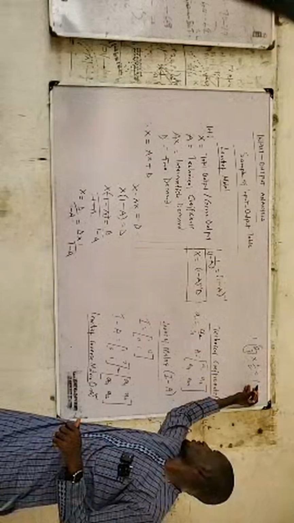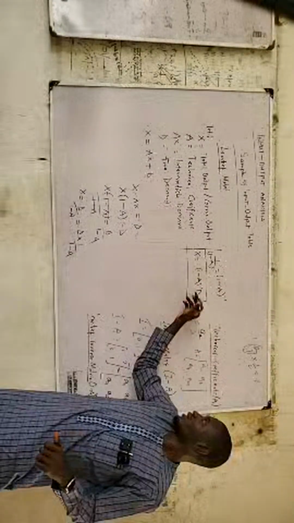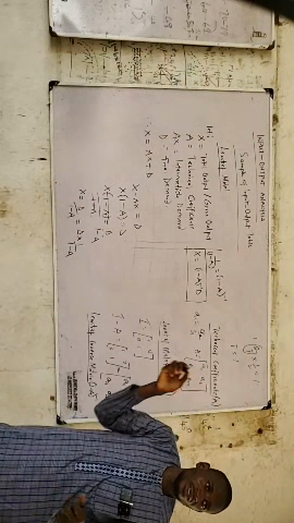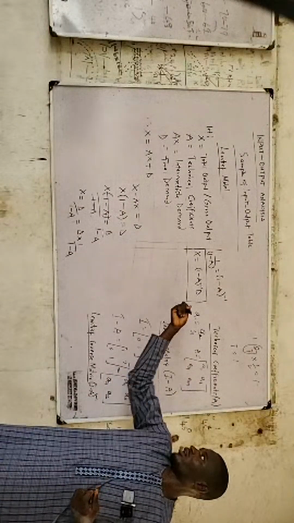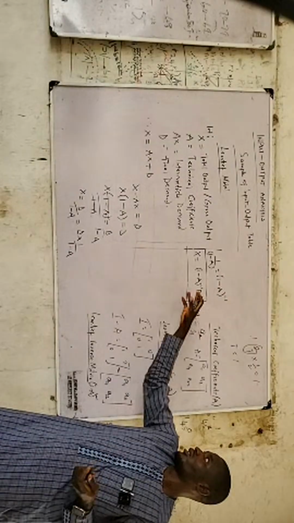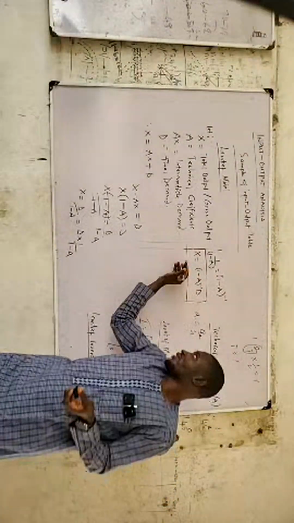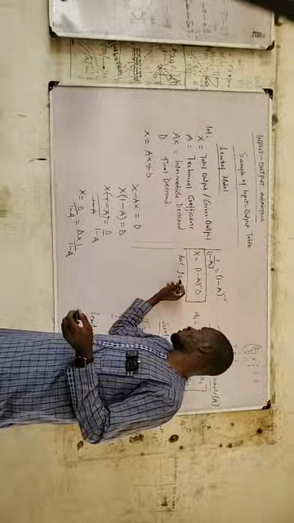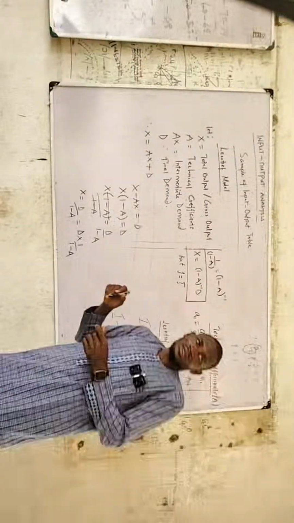So this one here is equal to I, which is the identity matrix. The one I'm using is equal to the identity matrix.